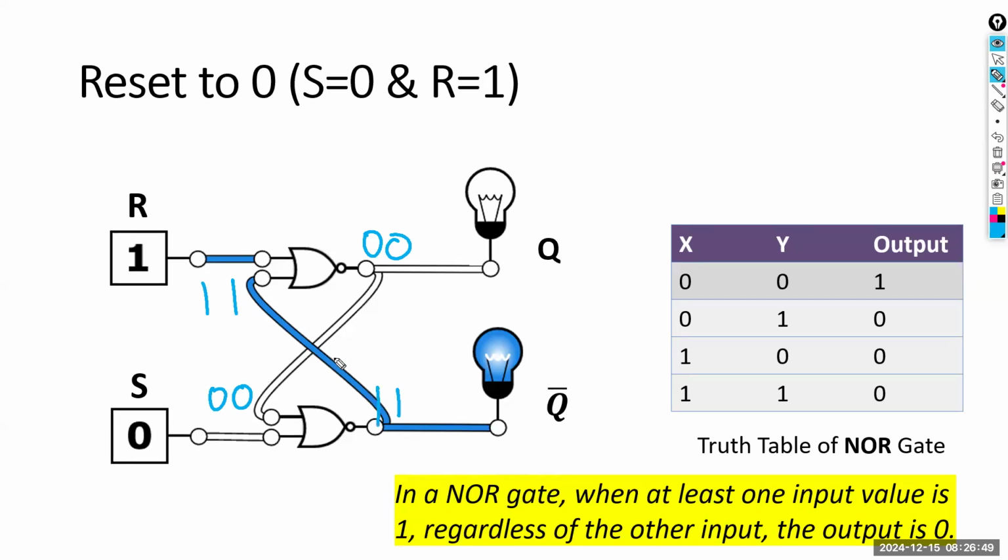But we don't wait until these things happen forever. We just wait for one clock cycle. That is good enough to make this 1 and this 0. Then immediately we make both 0.